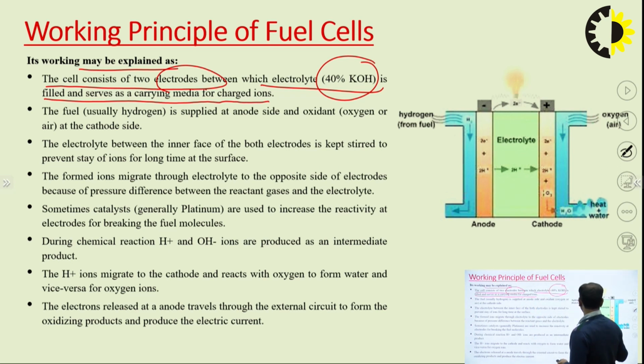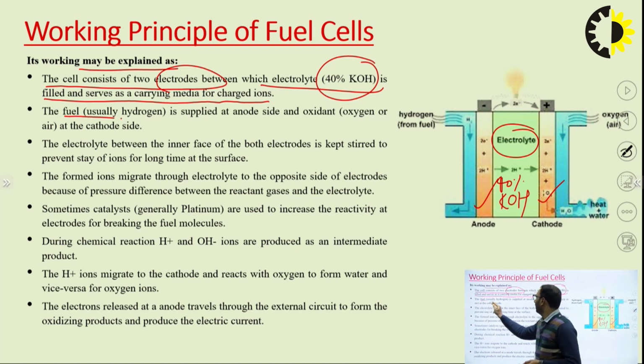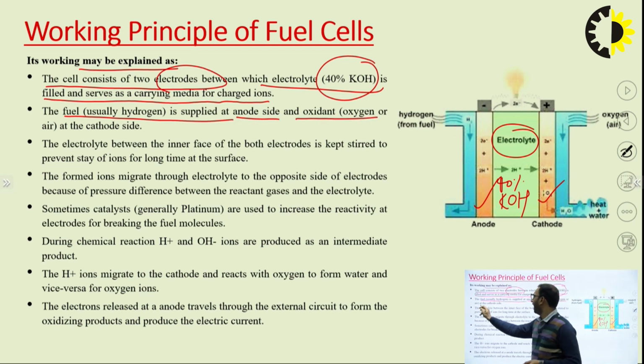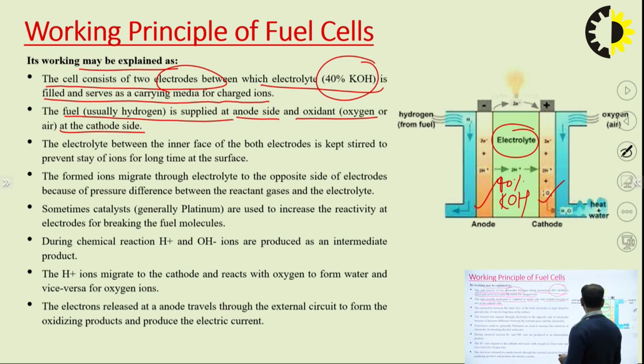So here there are two electrodes, one is anode and one is cathode, and in between anode and cathode the electrolyte is present. The fuel, usually hydrogen, is supplied at the anode side and the oxidant, oxygen, at the cathode side. So here this is anode, so here we can supply hydrogen at the anode side, and here at the cathode region we can supply oxygen.